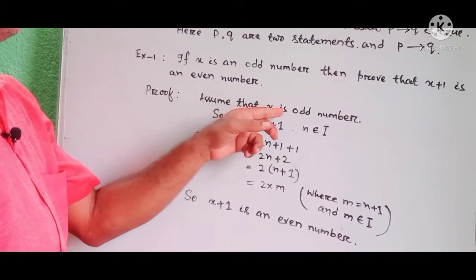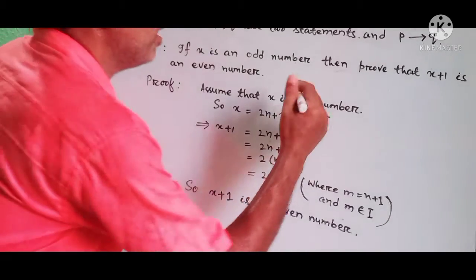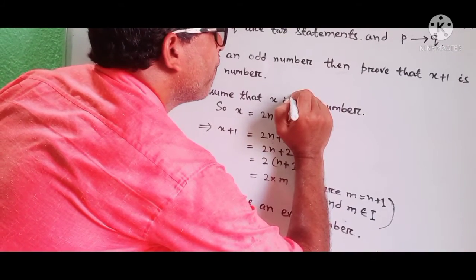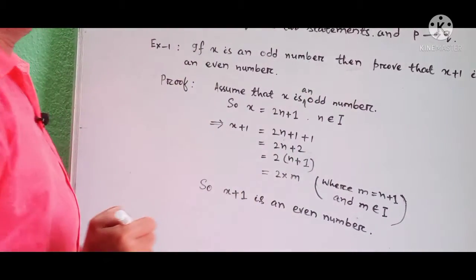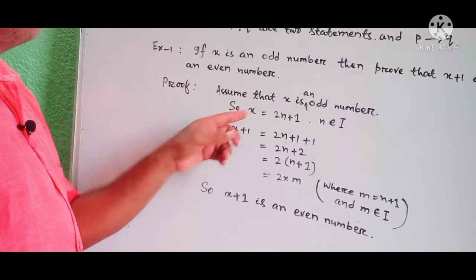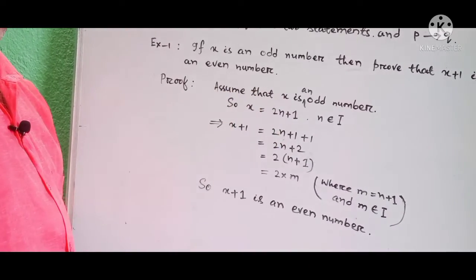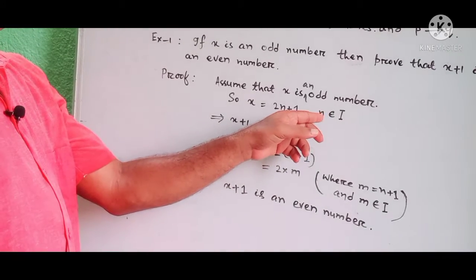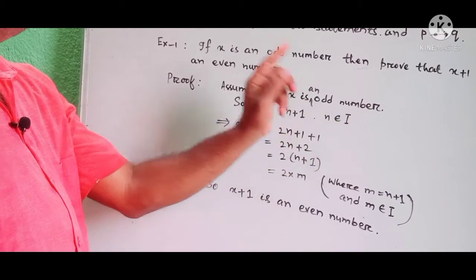Assume that x is an odd number. Any odd number can be written in this form: 2n plus 1, where n belongs to the integer set.